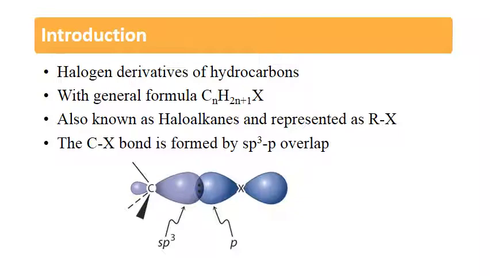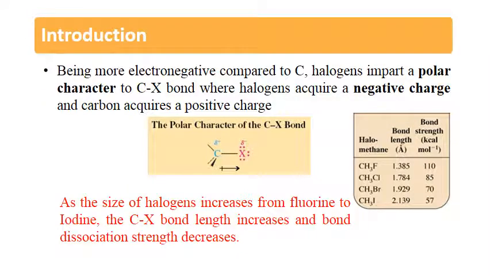Being more electronegative than carbon, the halogen imparts a polar character to the bond, where the halogen acquires a negative charge and carbon acquires a positive charge. As the size of the halogen increases from fluorine to iodine, the carbon-halogen bond length increases and bond dissociation strength decreases. These are the data given for the different halomethanes.